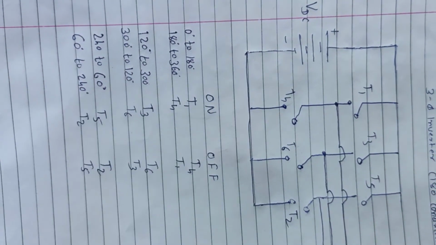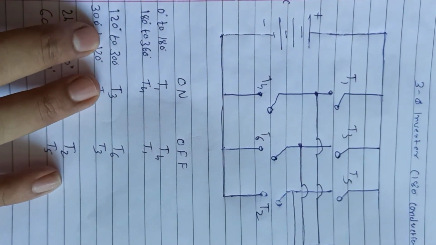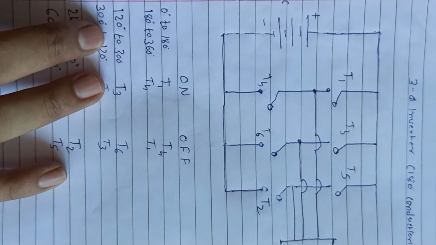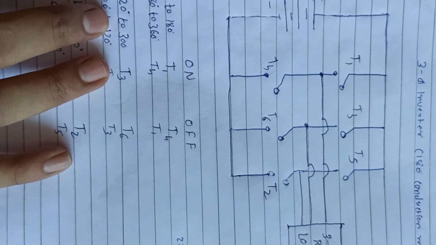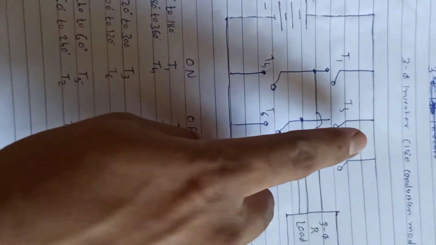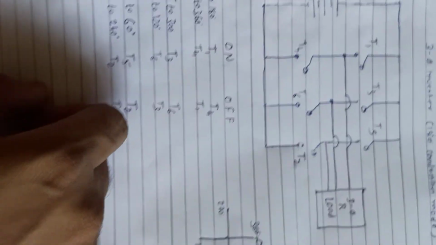So at every 60 degree instant a switch turns on. But for how much time do all the switches conduct? All switches conduct for a 180 degree period. So that's why it is called 3-phase 180 degree conduction.